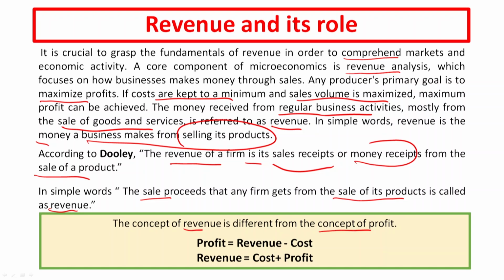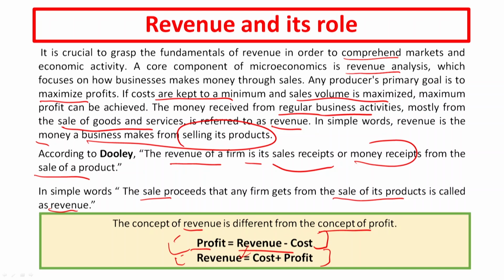In simple words, profit is equal to revenue minus cost. Profit is the revenue you are getting minus the expenditures you have made. On the other hand, revenue is cost plus profit.